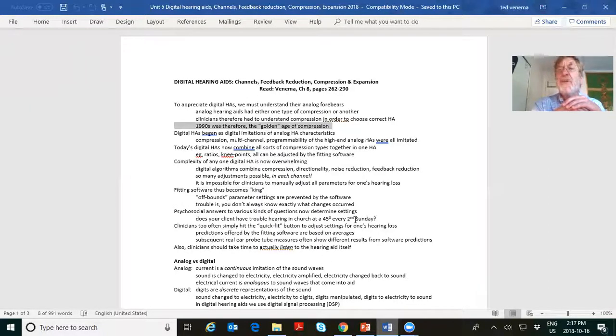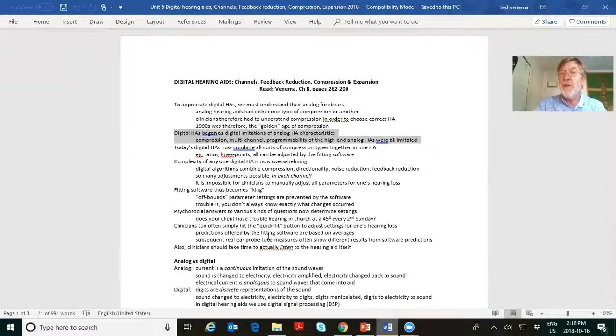No, no, no. Know your history of compression, know what output limiting is, and it's still used in digital hearing aids. Know what WDRC is, what it was, and it's still used in digital hearing aids today. So none of that's been thrown away because digital hearing aids today are imitations of their analog hearing aid forebears.